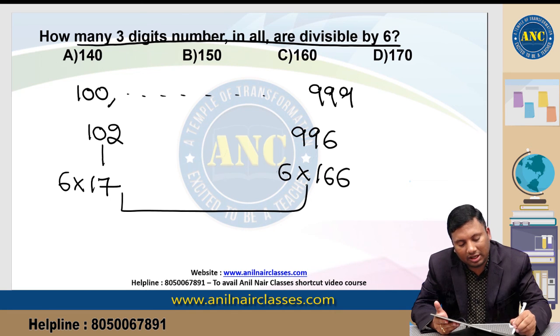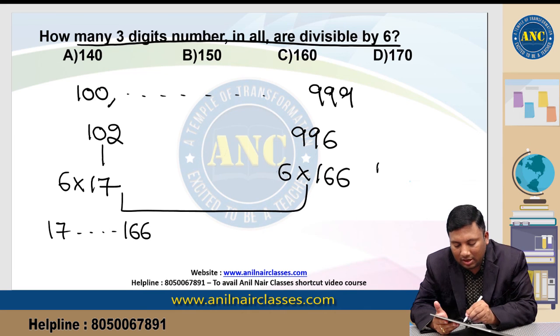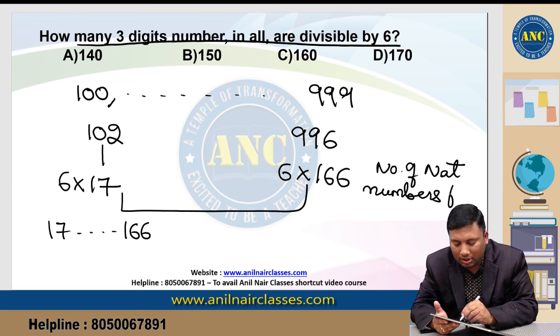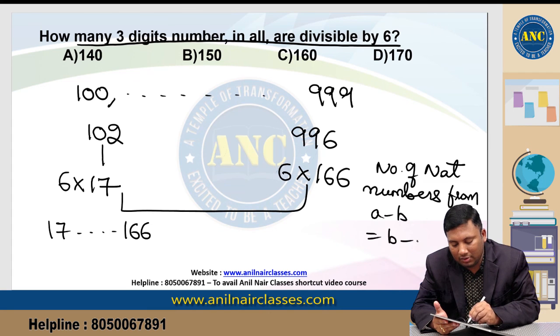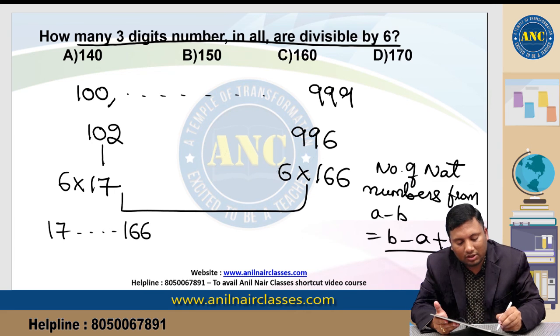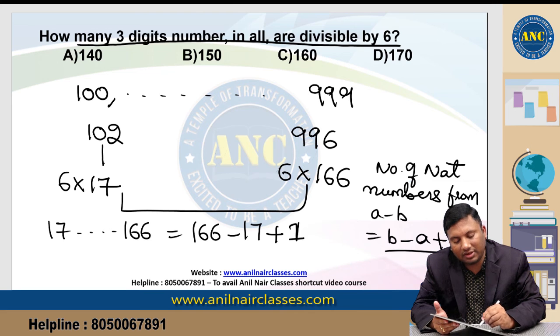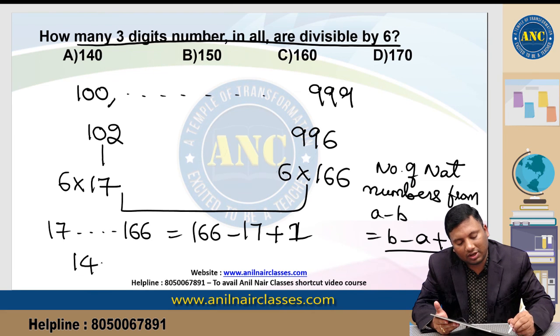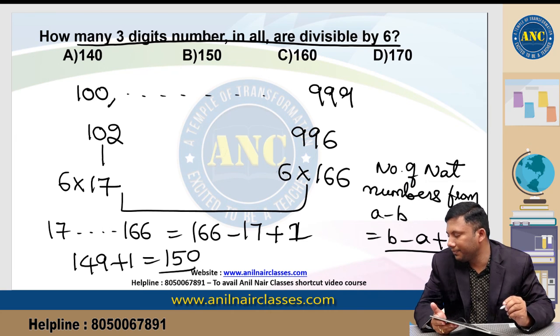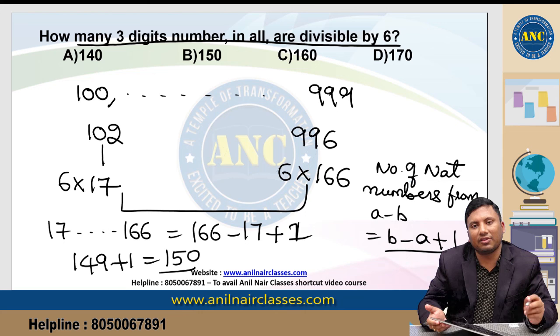So from 17 to 166. The number of natural numbers from a to b is given by b minus a plus 1, which is 166 minus 17 plus 1. So 149 plus 1, the answer for this question is 150.